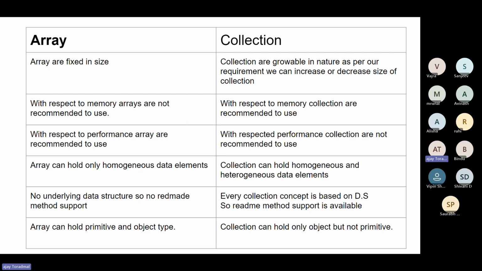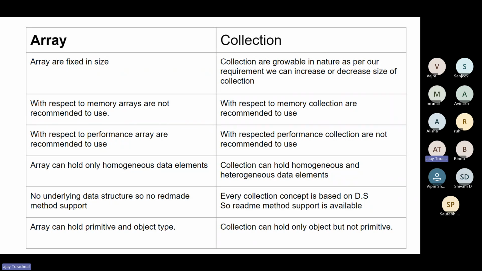So don't get confused. Whatever chart you have seen, you have to tell only that difference, any difference between an array and any collection. Let's say someone asks you the difference between array and array list, array and linked list, array and vector, or array and hash map.